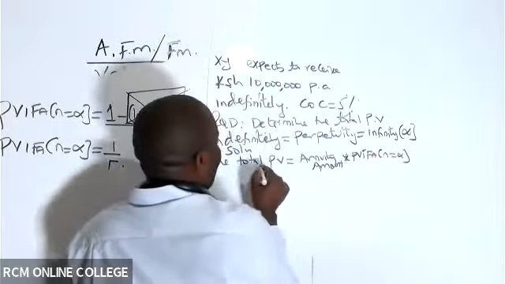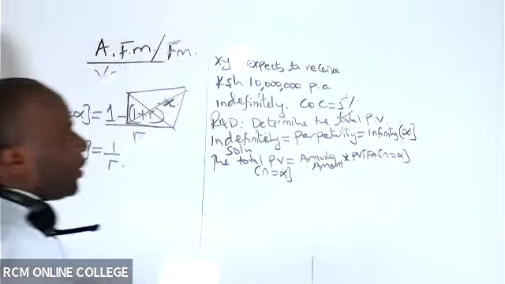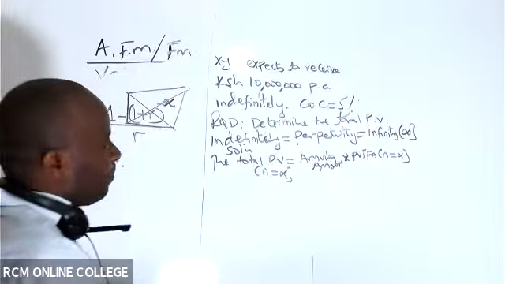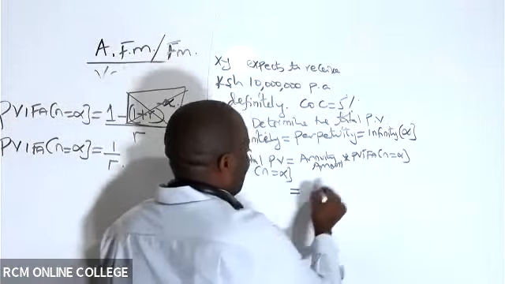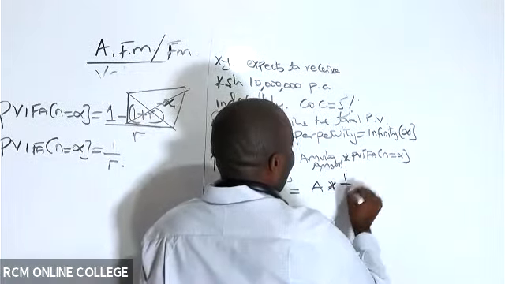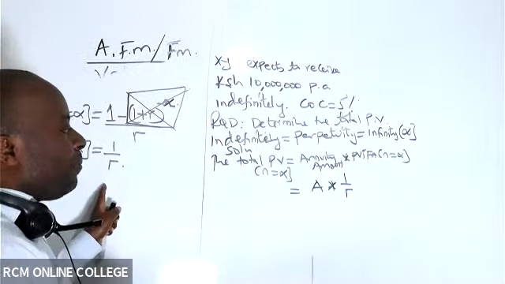You want to get total present value when n is infinity, I will take the annuity amount times PV when n is infinity. Great. So this will be equal to A times this PV when n is infinity, this will be 1 over r.